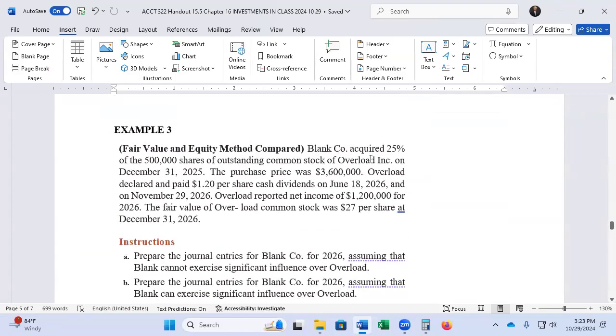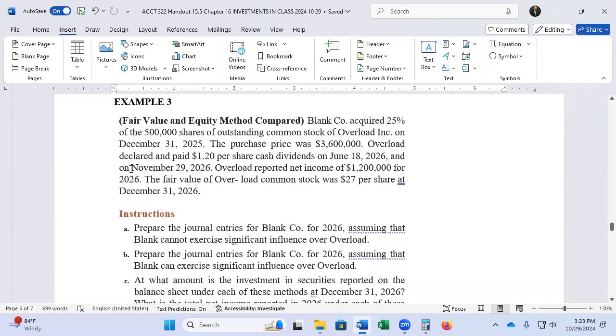Okay. So it says Blank Company acquired 25% of the 500,000 shares of outstanding common stock of Overload Inc. on December 31, 2025. The purchase price was $3.6 million. Overload declared and paid $1.20 per share dividends on June 18th, 2026, and on November 29th, 2026.